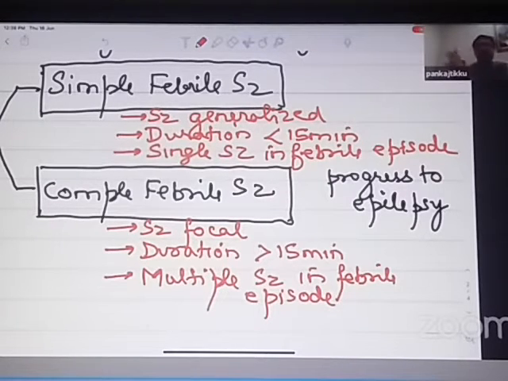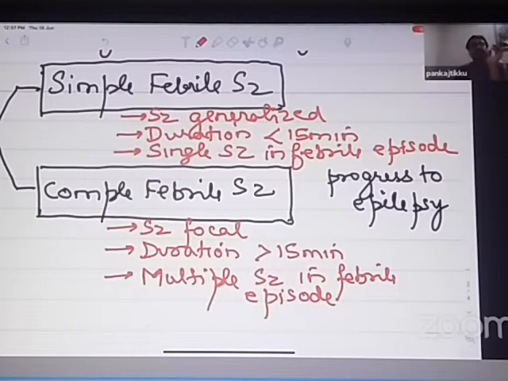So I'll just repeat once again the differences between simple and complex febrile seizures. All seizures which are generalized, where the duration is less than 15 minutes, where there is just a single seizure episode throughout 4 to 5 days of fever. And in the past, it was said all seizures where there is no neurological defect were considered to be simple febrile seizures.